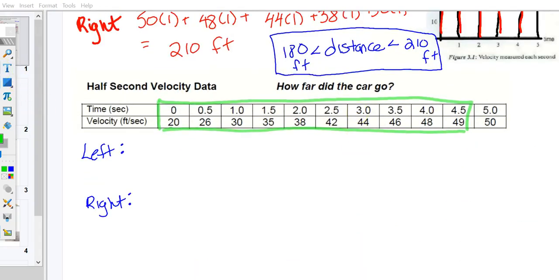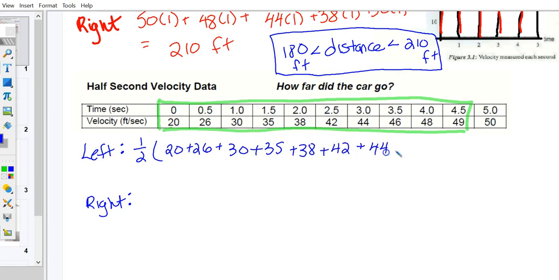Okay, so each rectangle is going to have a width of a half, and then we've got 20 plus 26 plus 30 plus 35 plus 38. So I'm going to add all of these y values together times a half. We can type that in our calculator, and that gets us 189 feet.